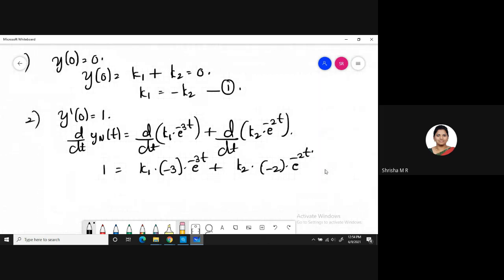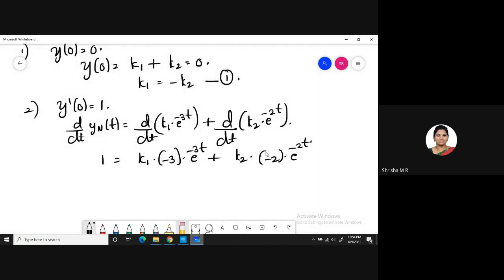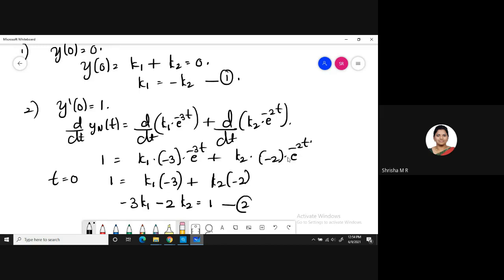Now put t is equal to 0 in this equation because y dash of 0, right? If you put t is equal to 0, what will you get? 1 is equal to k1 into minus 3 plus k2 into minus 2. So you will get one more equation, minus 3k1 minus 2k2 is equal to 1. This is your equation 2.